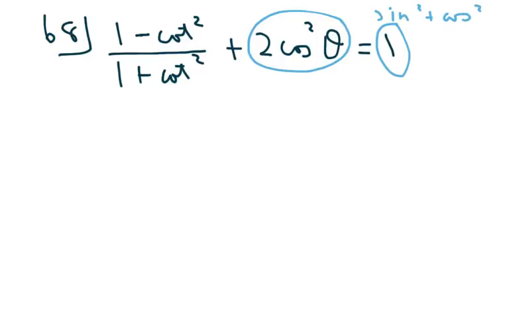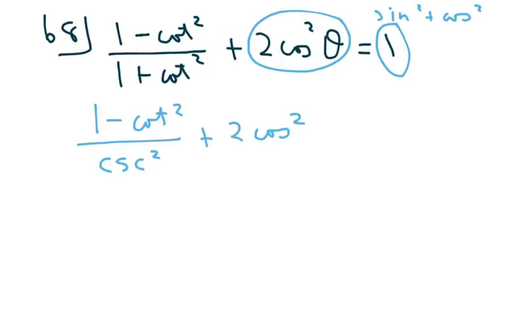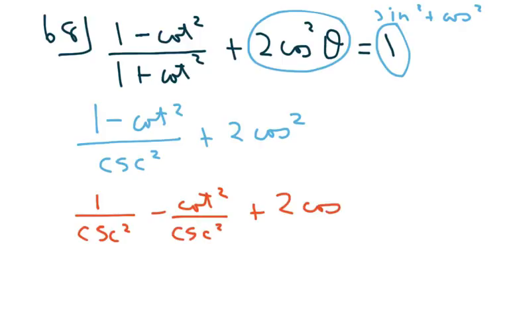So the first thing I'm going to do is write this as 1 minus cotan squared over cosecant squared plus 2 cosine squared. Now, at this point I'm going to put this denominator under each piece. This is 1 over cosecant squared minus cotan squared over cosecant squared plus 2 cosine squared.